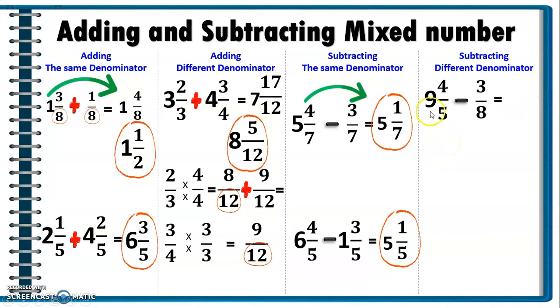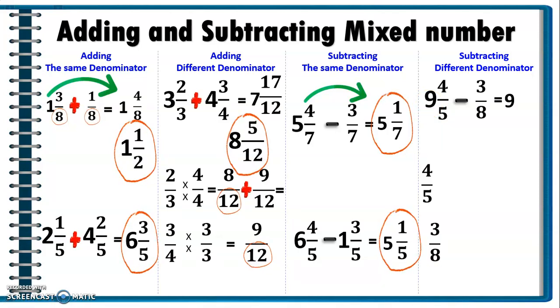For example, we have 9 and 4 over 5 minus 3 over 8. So again, kids, we don't have any whole number to subtract, which is only 9, right? So let's proceed to 4 over 5 and 3 over 8.